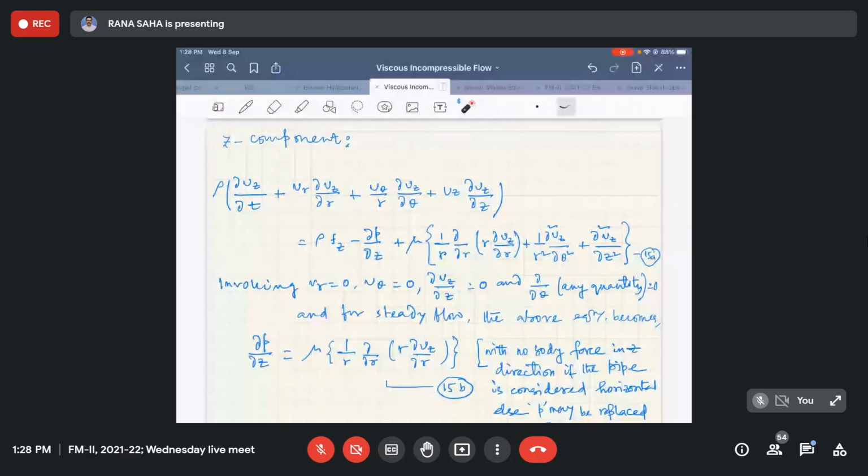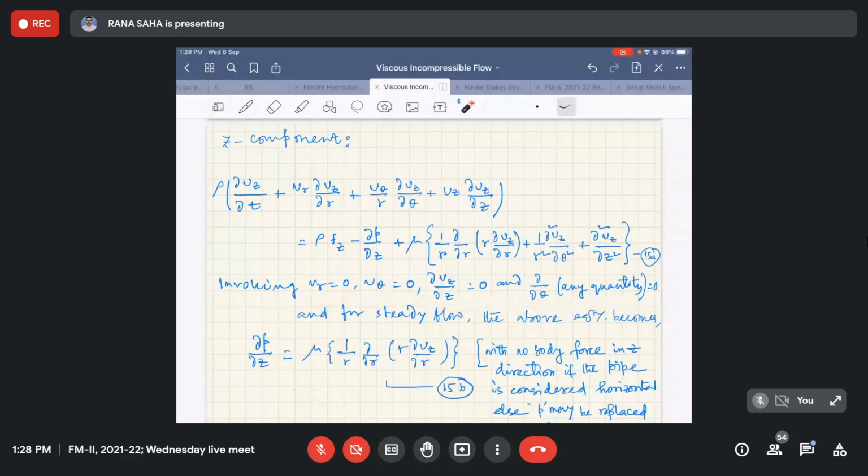Okay, so if you look into this, we have VR equals to 0, V theta equals to 0, and also del Vz del Z equals to 0, and here it is written del theta of any quantity is equal to 0 because of axisymmetry.